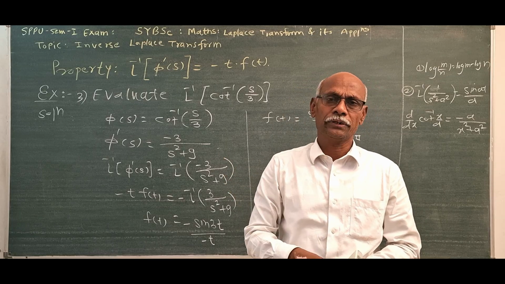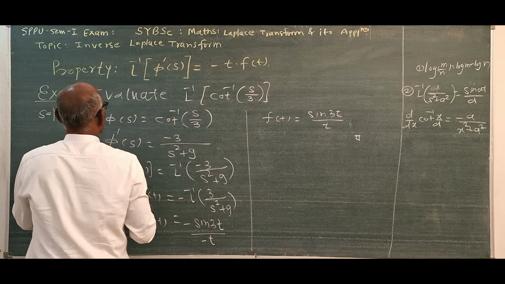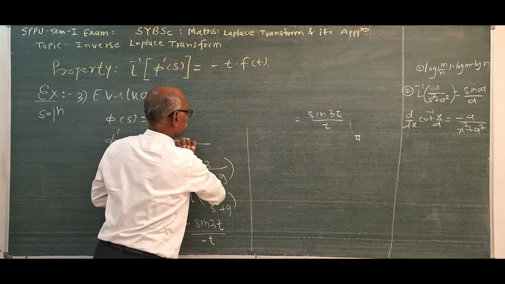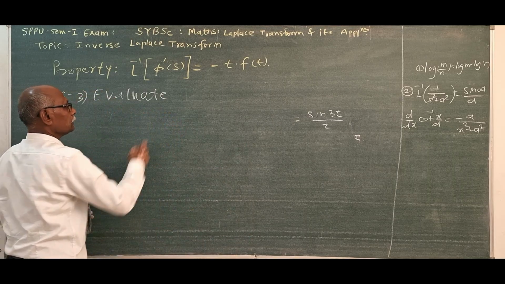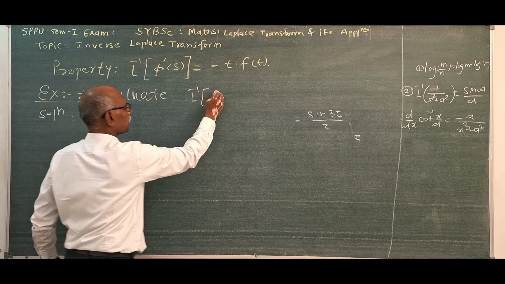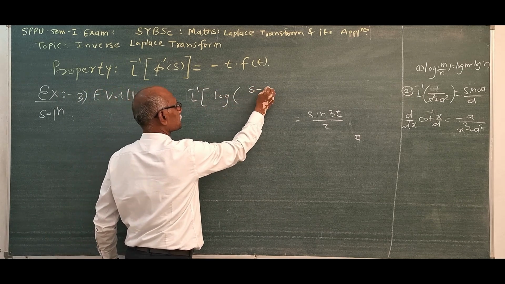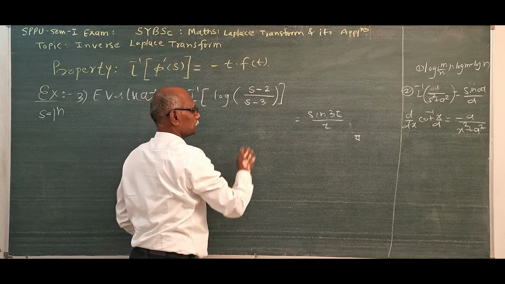One more example I will take, and then we proceed for further property. Suppose we are asked to evaluate L inverse of log of s minus 2 divided by s minus 3.